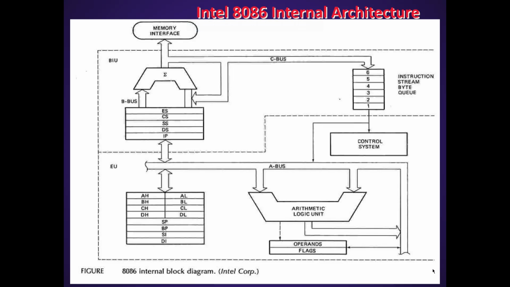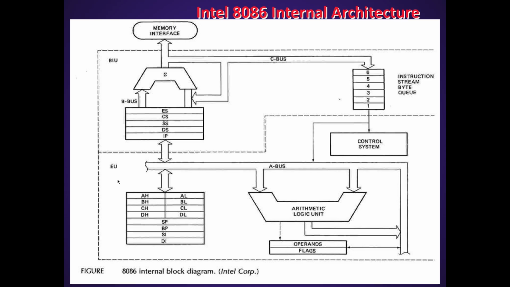This is the overall architecture of the 8086 microprocessor, and the architecture is divided into two parts, which are BIU and EU. As we discussed, BIU is the bus interface unit, which transfers the instructions from one segment to the other segment, and to the other system also.